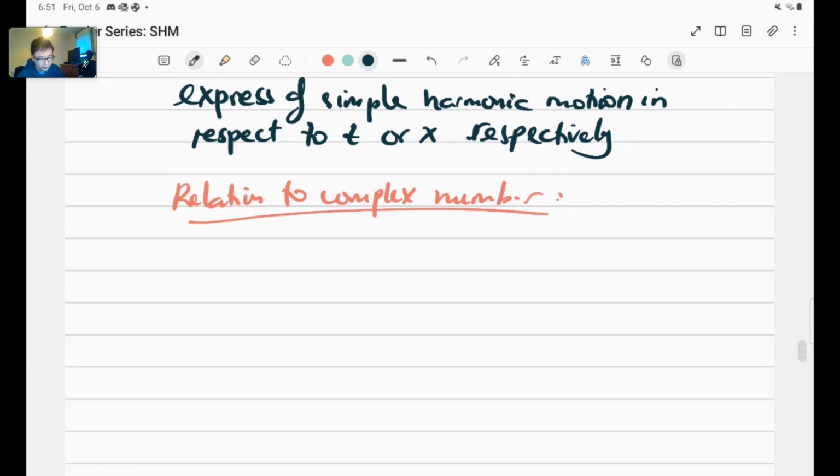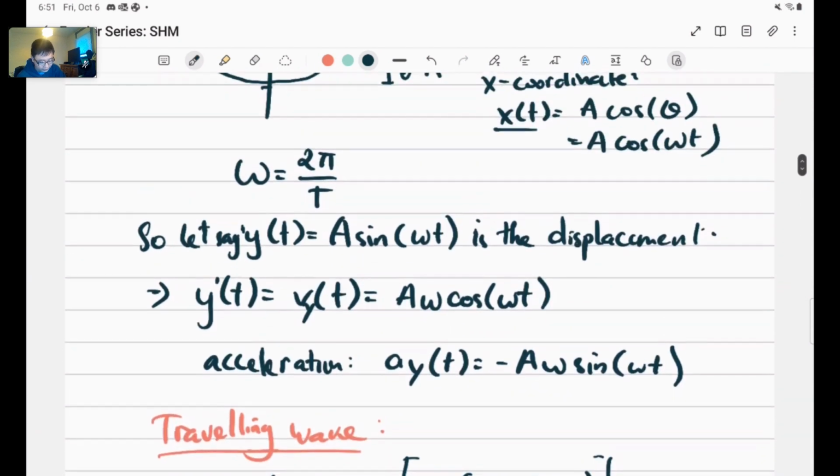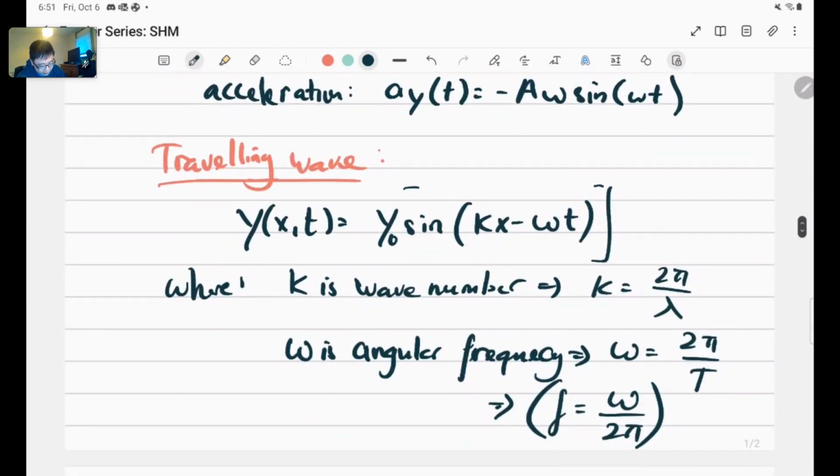Another way you can think is, what if you have, let's say, a real number, like this, I call it y1 plus i y0 of kx minus omega t. I don't really care what this y1 is.